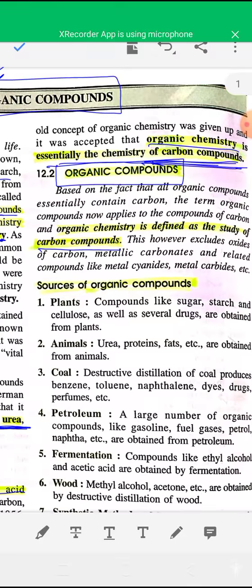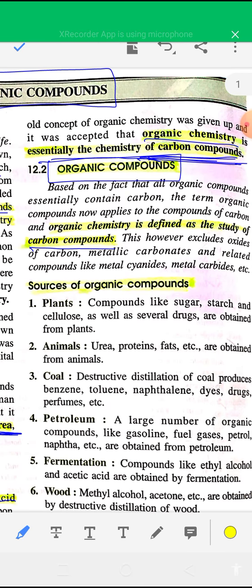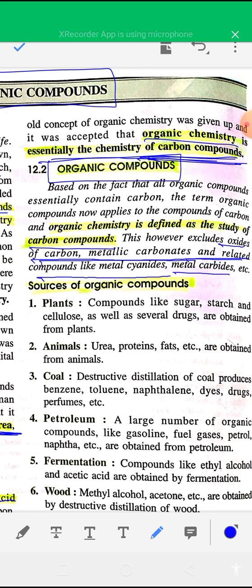There are a few examples of carbon-containing compounds which are not organic compounds. You have to remember the names of these. Although carbon is present in these compounds, they are not organic: carbon dioxide, carbon monoxide, metallic carbonates like sodium carbonate, potassium carbonate, calcium carbonate, metal cyanides like potassium cyanide, sodium cyanide, and metal carbides.